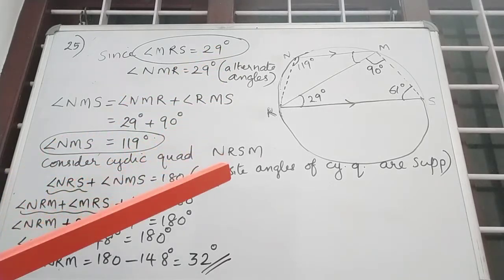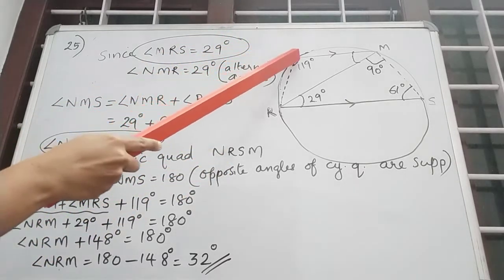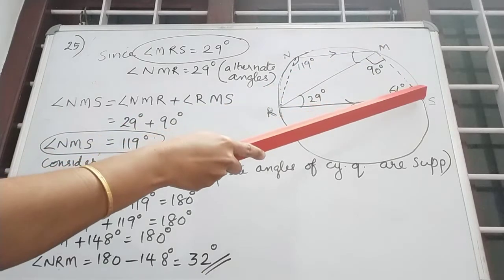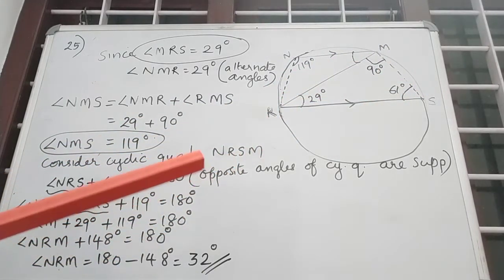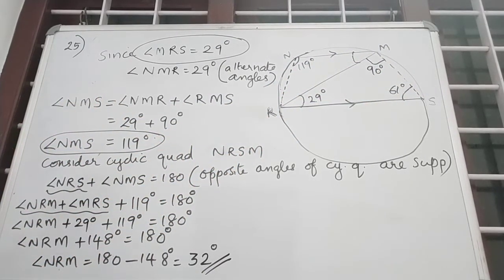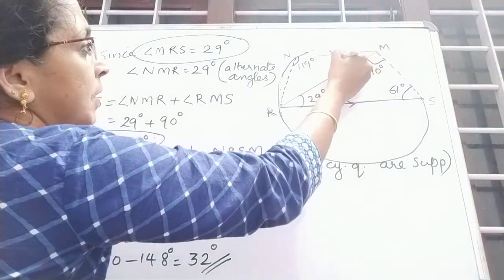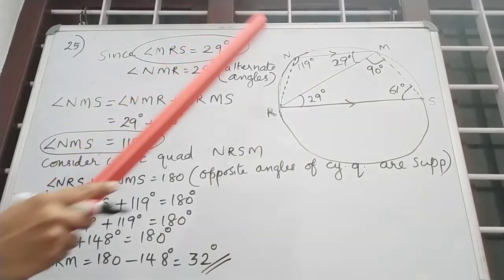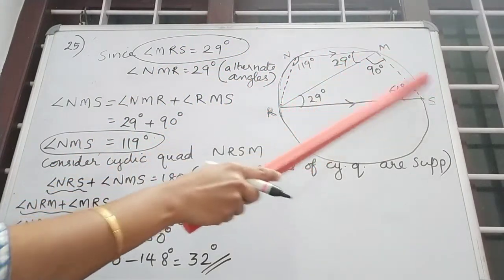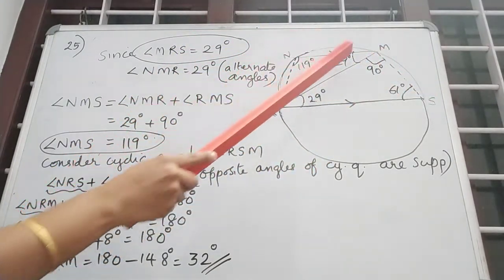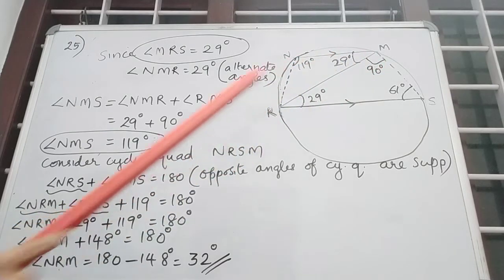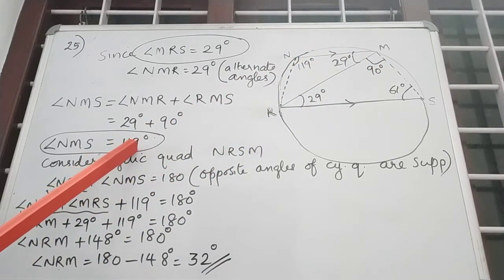Then look at NM. NMS. Now we got that angle as 29 degree. So what about NMS? NMS will be 29 plus 90, that is 119 degree.